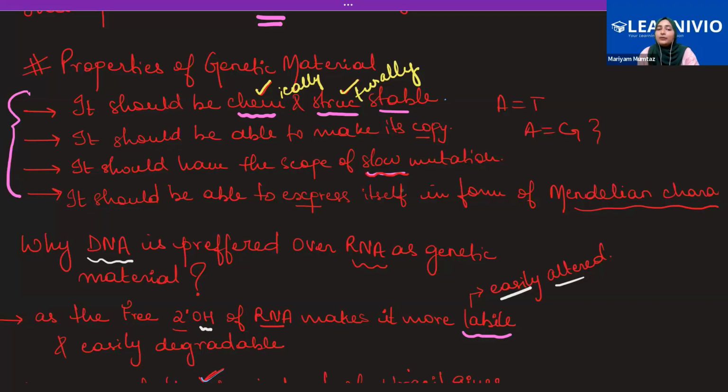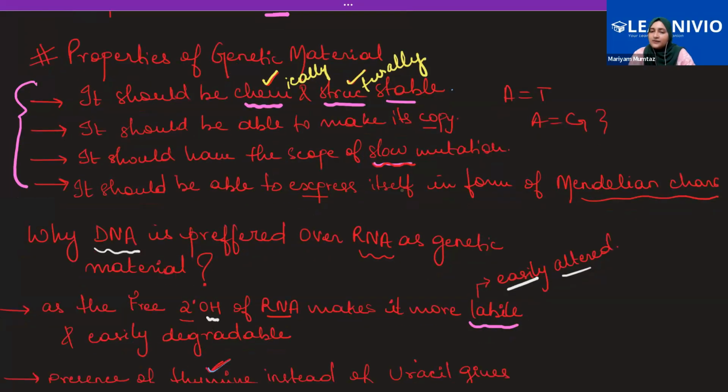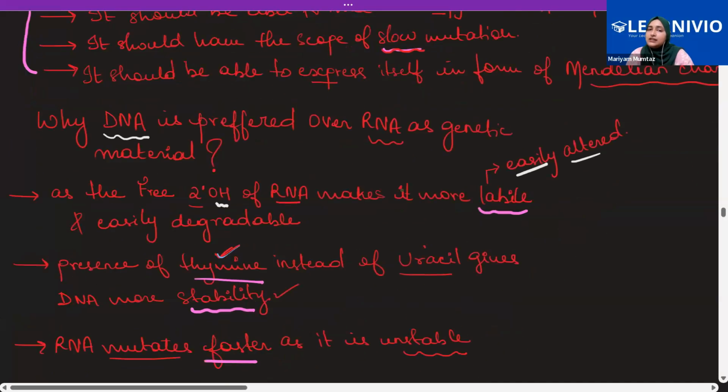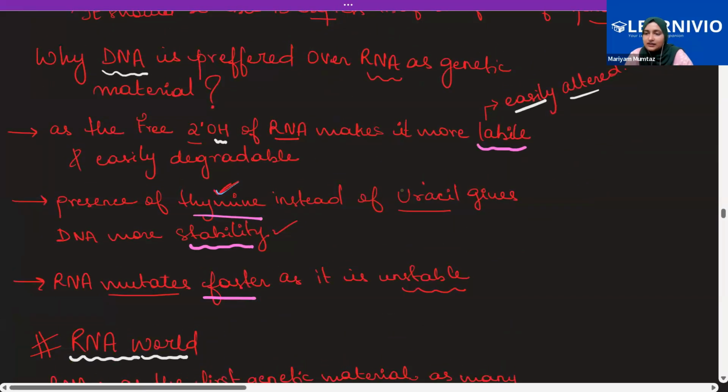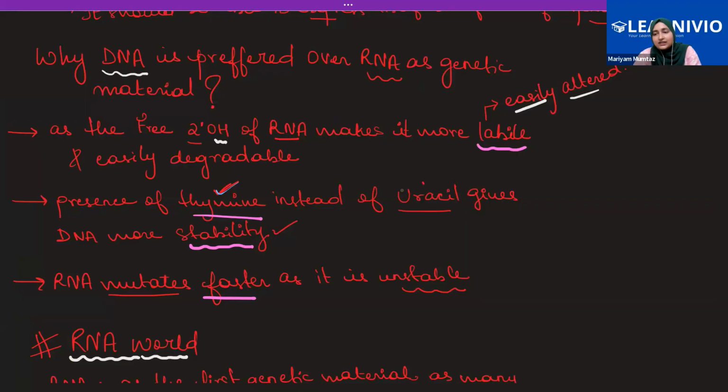We should be able to understand that the chromosomal theory and everything should align with that. And those are the different properties of an ideal genetic material. Now comes why only DNA is a preferred genetic material and why RNA cannot be our genetic material. There are many reasons.